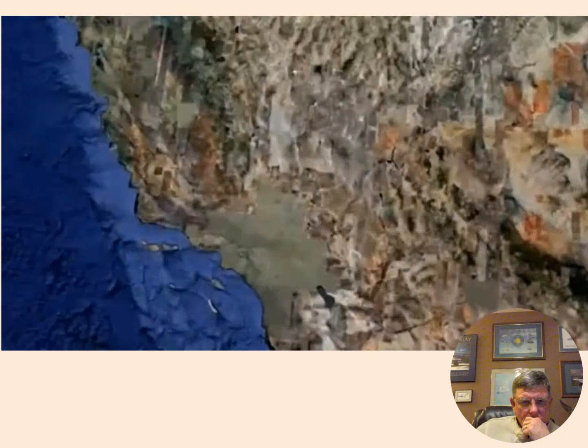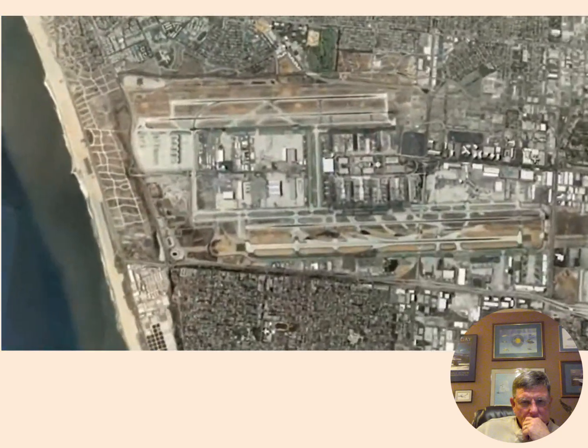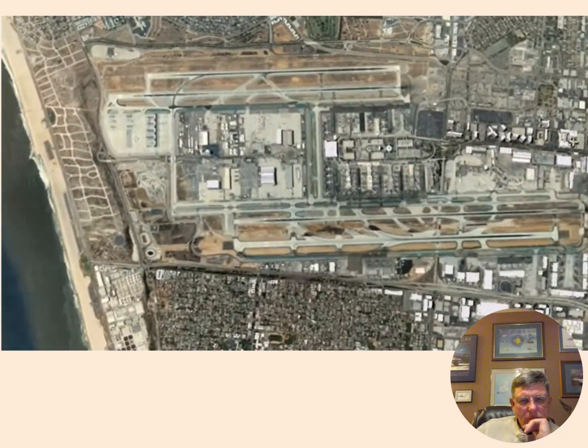To best illustrate the benefits of NextGen, let's first look at how your flight, say from Los Angeles to Washington, is managed today.